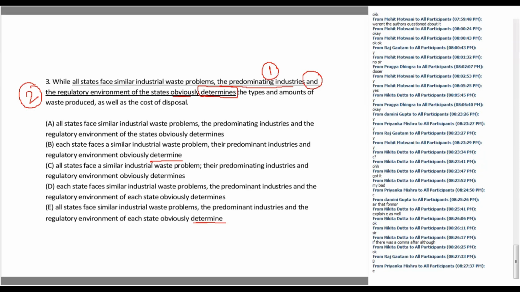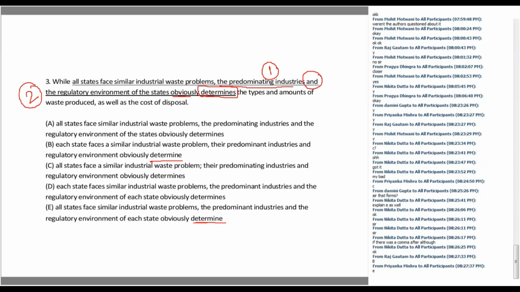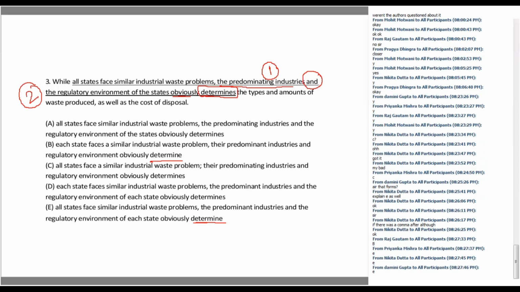What is going to be the answer, whether it's going to be B or it's going to be E? It should be E. Yes, I also think it should be E. Why? Because when I read it like this, while each state faces a similar industrial waste problem, now each state, because the word "each" comes before the word "state," it becomes singular. If it is singular, why am I using a plural pronoun here?